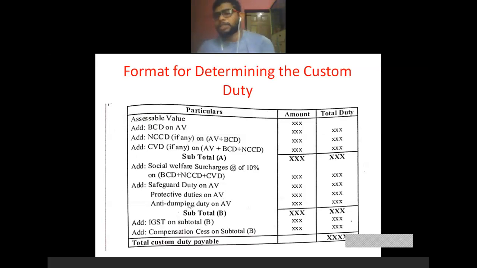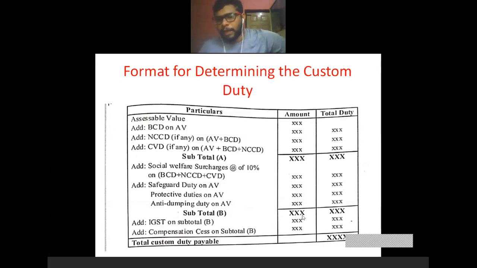Like in the previous two problems we discussed, the anti-dumping duty percentage was not given; the instruction was to calculate anti-dumping duty as per the notification from the central government, so we calculated it at the end. But if it is given in terms of percentage, you calculate it here itself, immediately after the social welfare surcharge. So these are all taxes; the same tax you write in the outer column, then you get the total, part B.